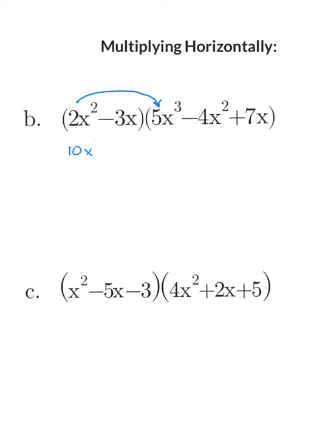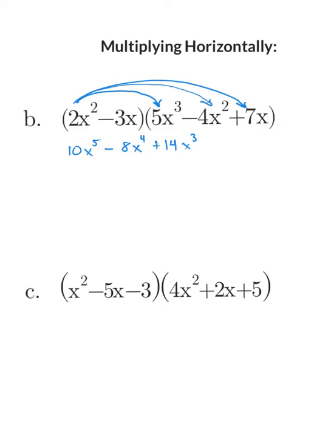Add our exponents, we get x to the 5th. Multiply 2x squared times negative 4x squared, we get minus 8x to the 4th. Multiply 2x squared times 7x, we get plus 14x cubed. That takes care of the 2x squared.